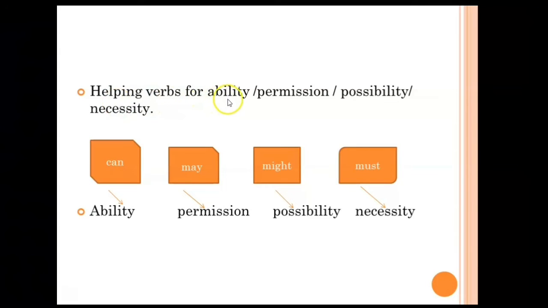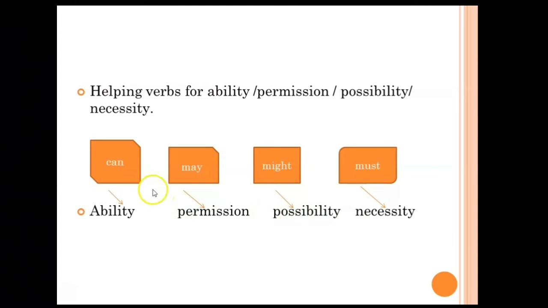Helping verbs for ability, permission, possibility, necessity. في عنا can يعني الability, may اللي هي permission لما بدي اخد إذن, might possibility احتمال, and necessity هي شيء ضروري أعمله.